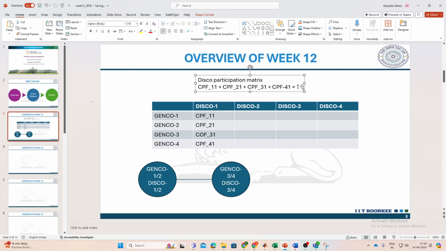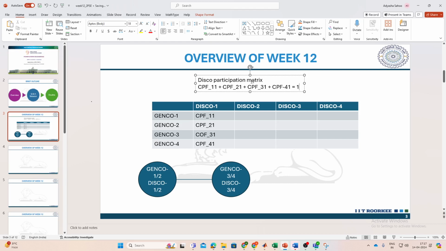Let the DISCO 1 load be 100, or in generalized form, let it be P1. So CPF 11 into P1. We'll see it in an example.